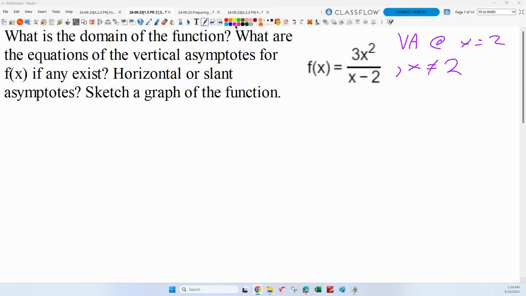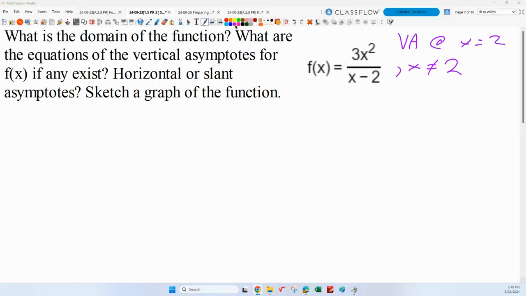Do we want to use long division? We could, of course. We'd use synthetic. And why is synthetic an option here? Because the bottom is in the form x plus or minus a constant, right? That makes it a candidate for synthetic division.